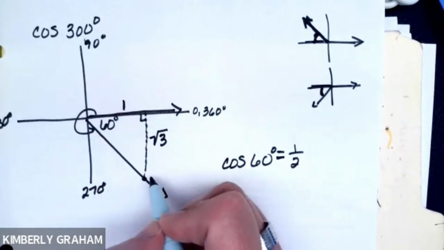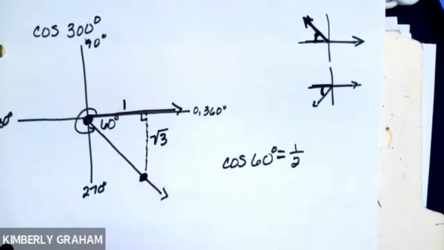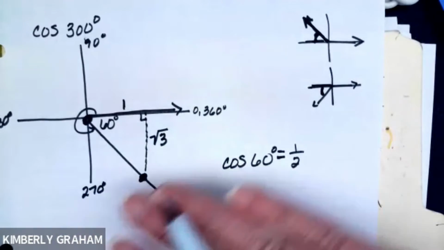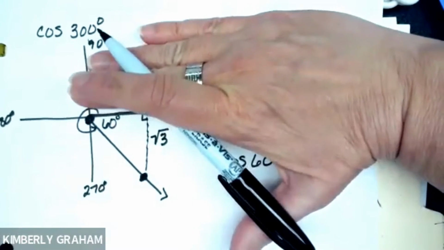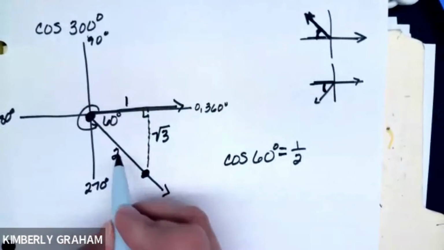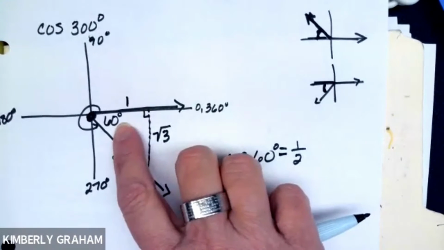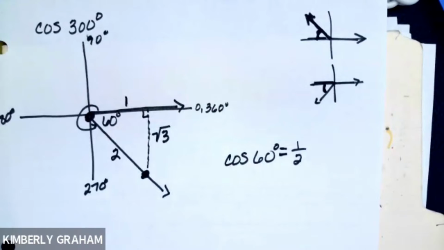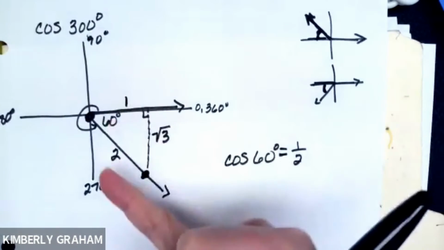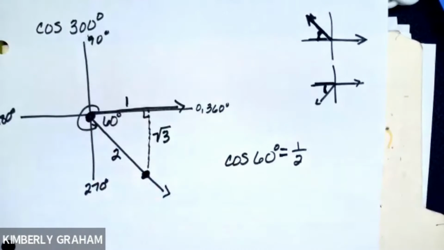The distance from the origin to this point P, what we've been calling R, is the hypotenuse, and that's going to be 2. If I look at this 60-degree angle, the cosine is adjacent over hypotenuse, it would be 1/2. Does that make sense?